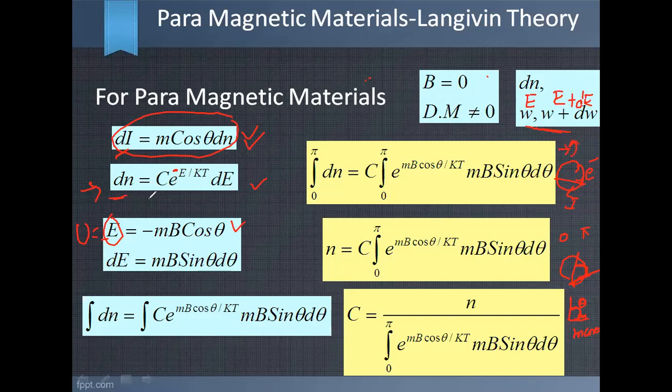So dn is equal to C e power minus E by kT dE, but energy is already defined as minus mB cos theta.